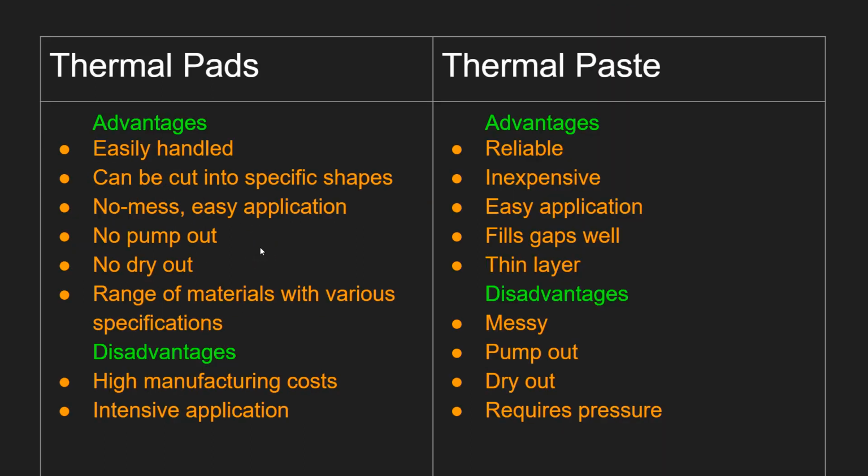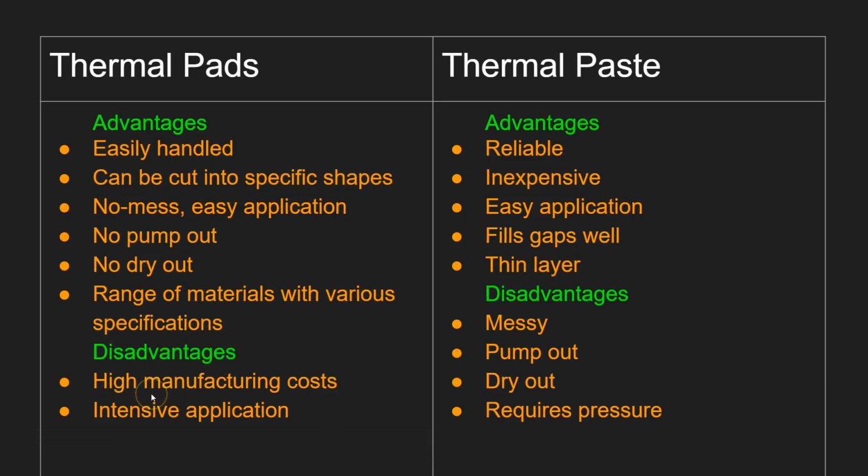Now moving on to the next slide. Here I have compared thermal pads with thermal paste, and these are some of the advantages and disadvantages of both of them. I'll just quickly read them. The advantages of thermal pads include: they can be easily handled, can be cut into specific shapes, no mess, easy application, no pump out, no dry out, and a range of materials with various specifications.